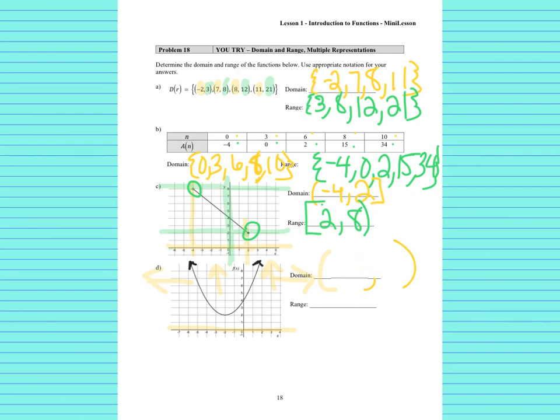My inability to draw infinity symbols just gets worse and worse. Do the best you can.